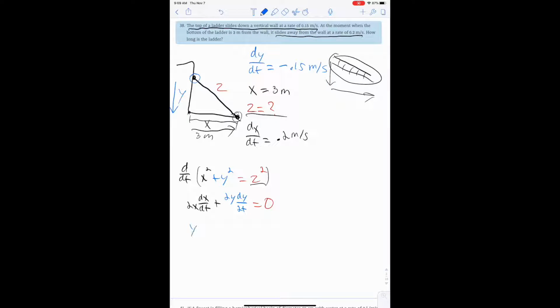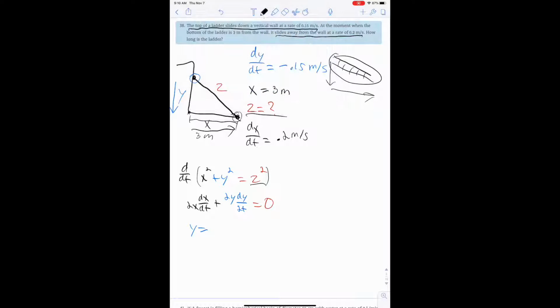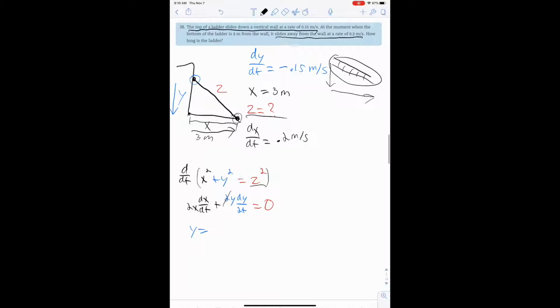So y equals, and before I do that, let me just go ahead and divide by 2, get those out of the way. So y equals negative x dx/dt over dy/dt. So now we can just go ahead and plug in values for this.